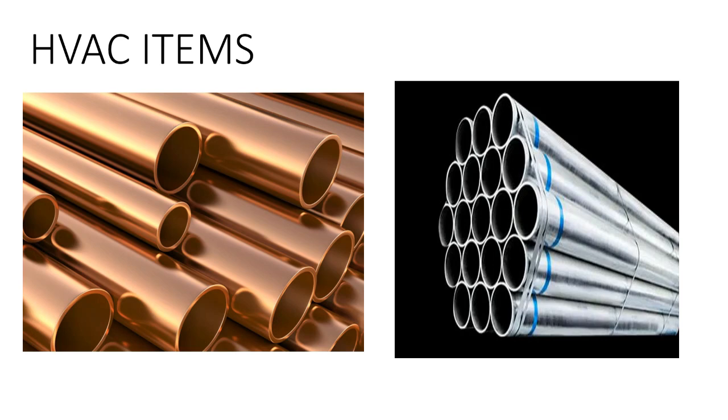So we have copper pipes here. Again, the selection of copper pipe will depend on your pipe size. That's a technical term related to the design, which I'm not going to explain here. Then we have GI pipes. GI pipe mostly we will be using for the chillers.